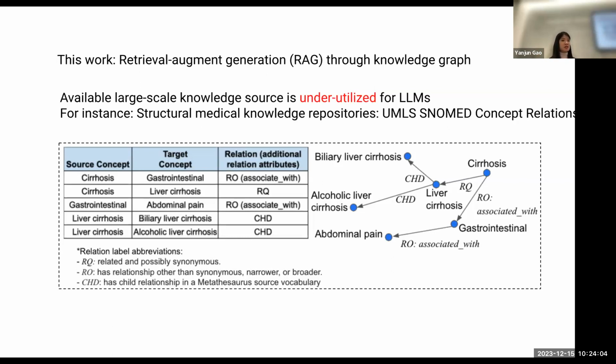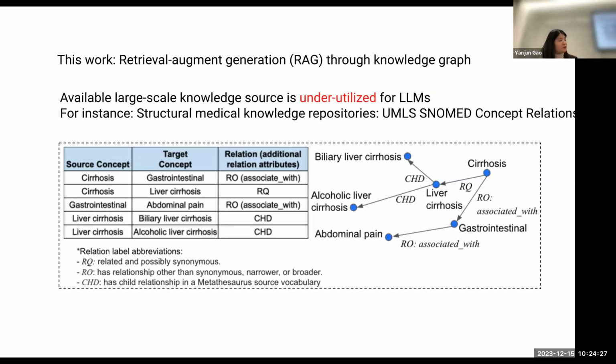That includes, for example, something is caused by something, or something has a temporal relationship with something, meaning that it might occur before or after another symptom. So we focus on a small set of the relations rather than all the relations. I think that's important to emphasize, but we did use the entire set of concepts.